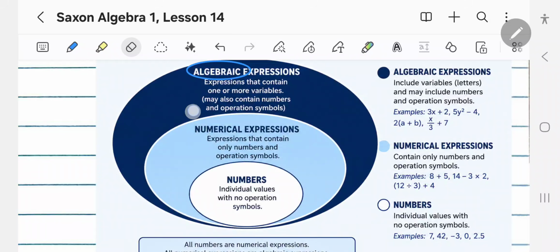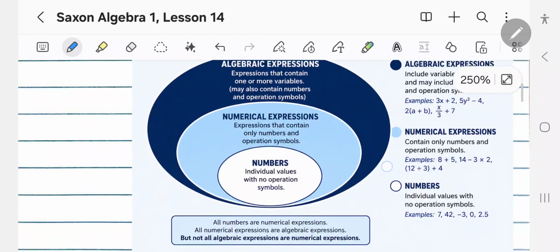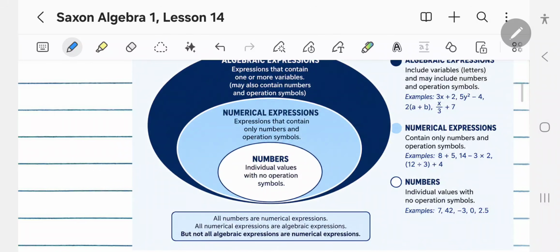So this is like when we looked before at systems of numbers and we said all natural numbers are whole numbers, but not all whole numbers are natural numbers, right? That same kind of nested Venn diagram. Numerical expressions, it gives you some examples here, and then numbers as well. And then it gives a great little reminder at the bottom: all numbers are numerical expressions, right?